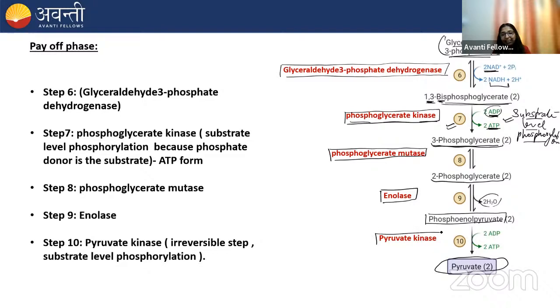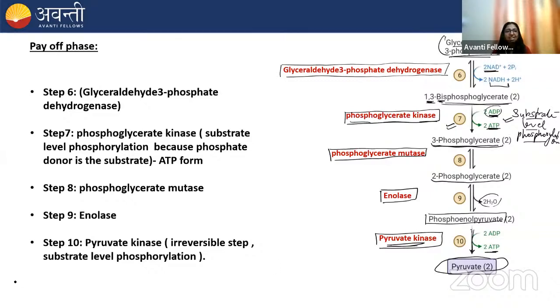And the enzyme which catalyzes the reaction when phosphoenolpyruvate is converted to pyruvate is pyruvate kinase. And here also the ATP formation is taking place. And this ATP formation is also through substrate level phosphorylation. And this step is also an irreversible step. Remember all these points.